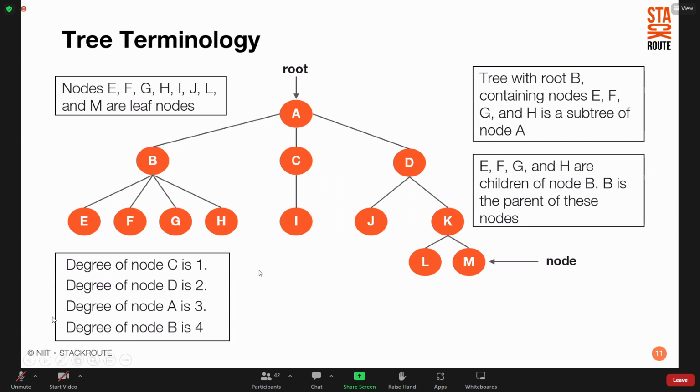If you look into the diagram, E, F, G, H do not have any children. Ma'am, I is also not. I, J, yes, but not K, because K is having 2 children, L and M. So E, F, G, H, I, J, L and M are called leaf nodes.